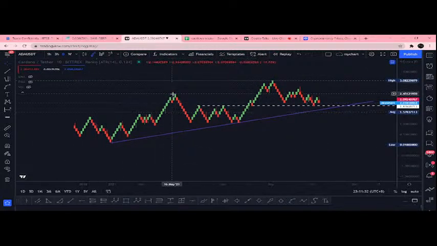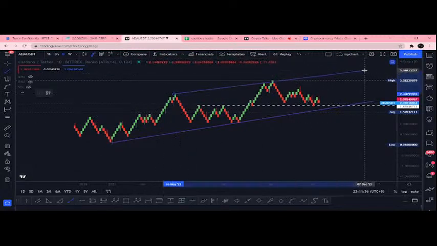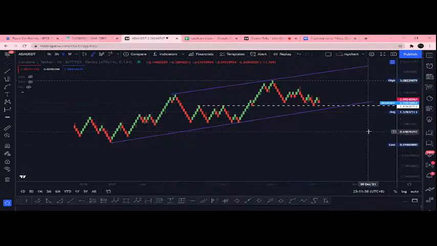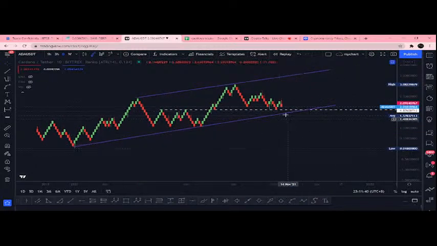I'll just use this one. But since it's nearing the support area, you can actually accumulate within this area.